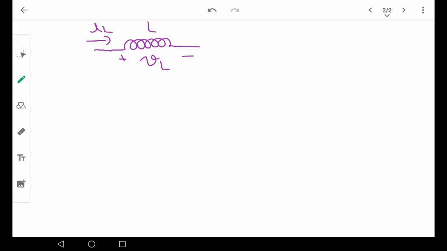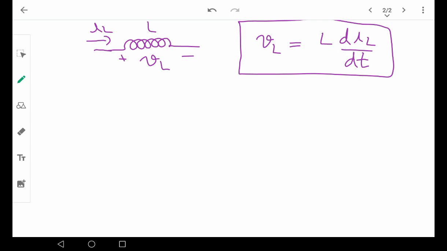The relation between the voltage and current is given by VL equal to L dIL by dt. This is the law for finding the voltage across the inductance.